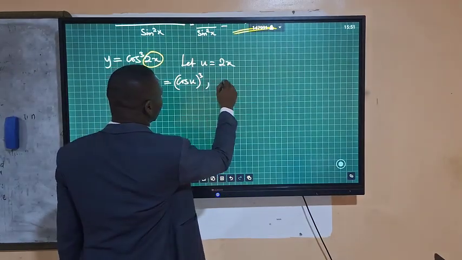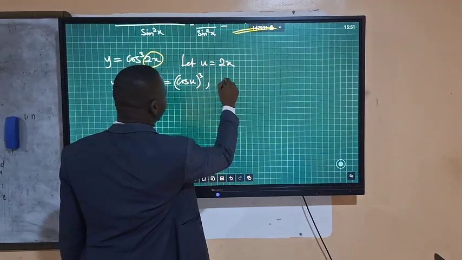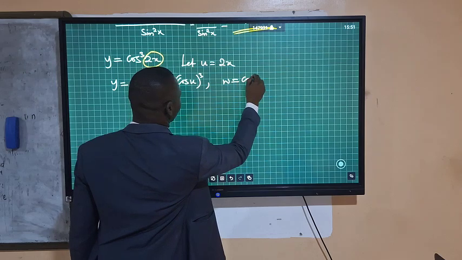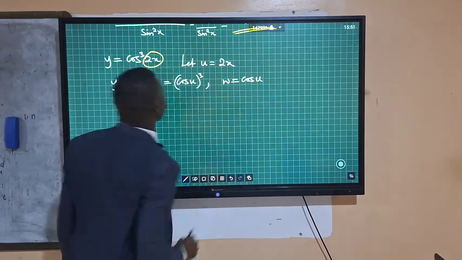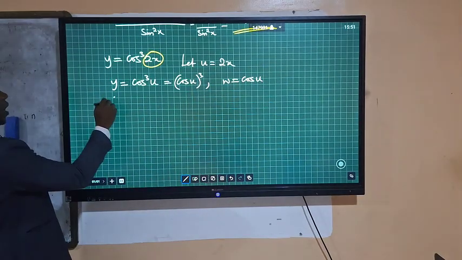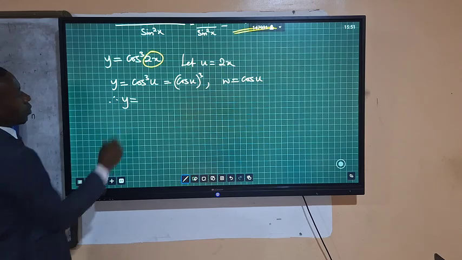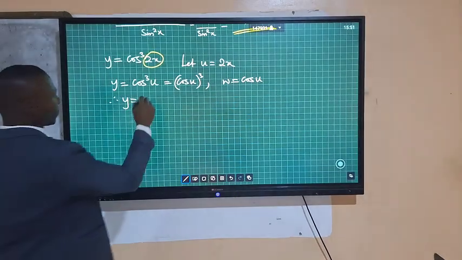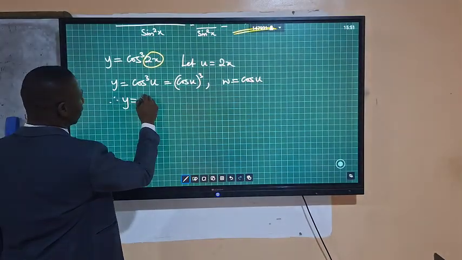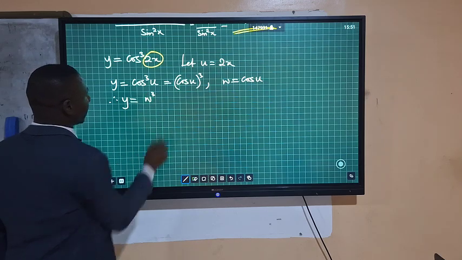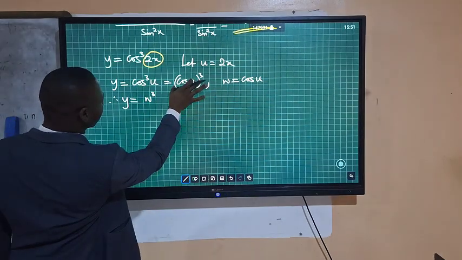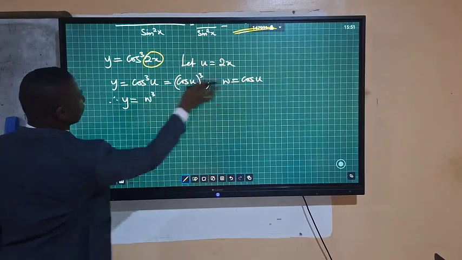We call this w. w is cos u. Then our y now becomes w raised to power 3, where u is 2x.